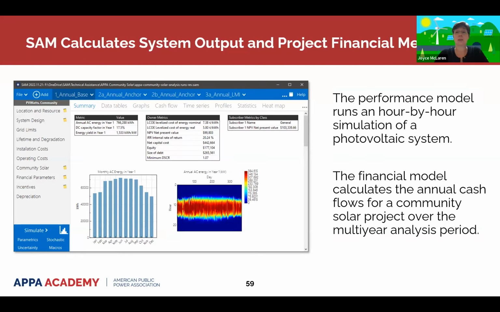It is something that if you haven't used it before, we would suggest that you give it a try and then maybe contact the SAM team or our team to help you understand what the outputs are, what you're looking at, make sure that you've got all the inputs tweaked just right, because it's not really just a plug and play sort of financial model.